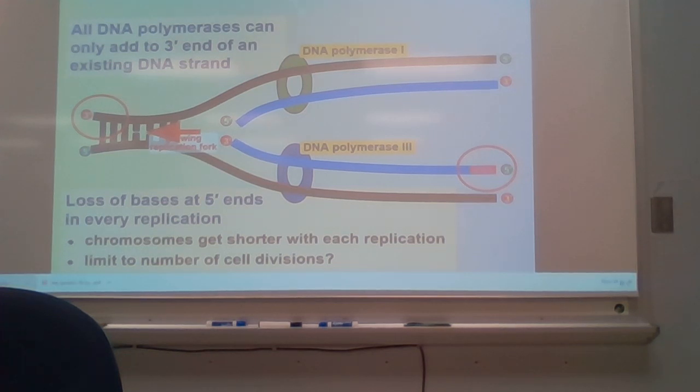There is an enzyme that can help to re-lengthen the end of the chromosome. It tends to be active in embryonic cells and in some stem cells that have to divide really often. They'll have this enzyme activated, and that enzyme is called telomerase.